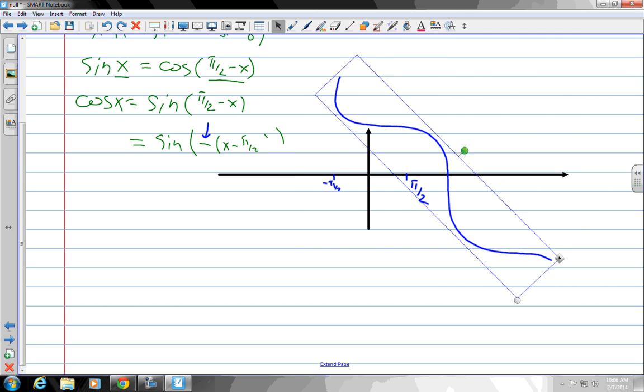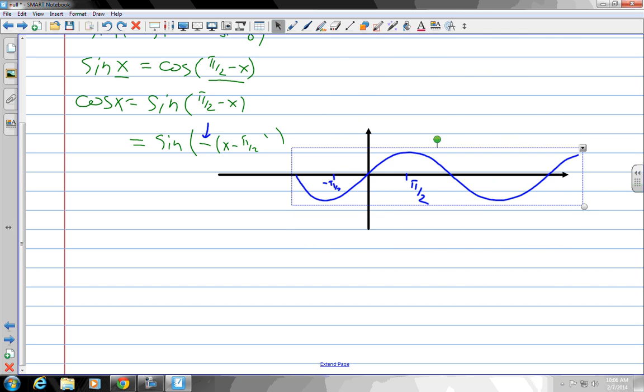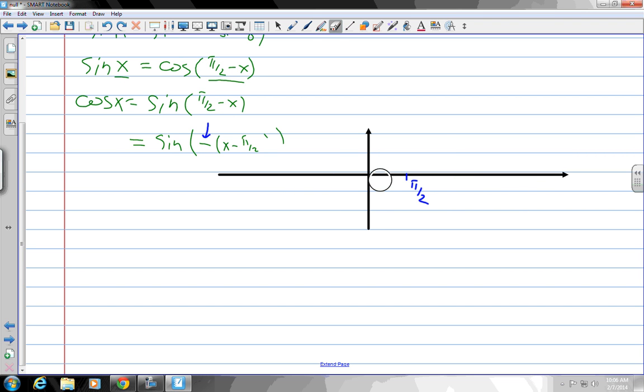Oh, my graph is crappy. I should be more careful. All right, I need to be really careful. I'm just going to do this. Oops. That doesn't work.